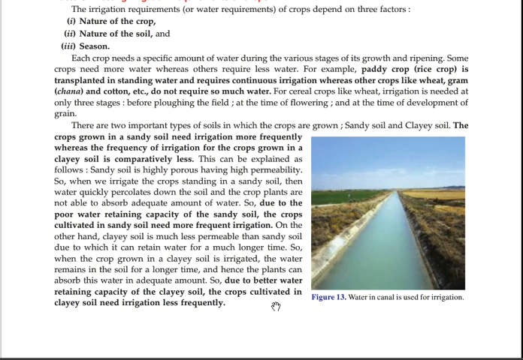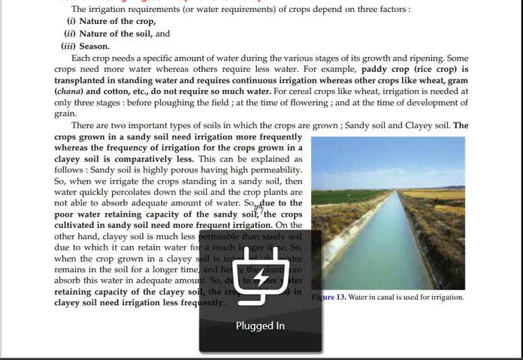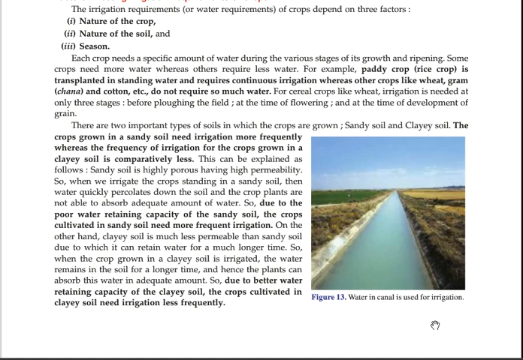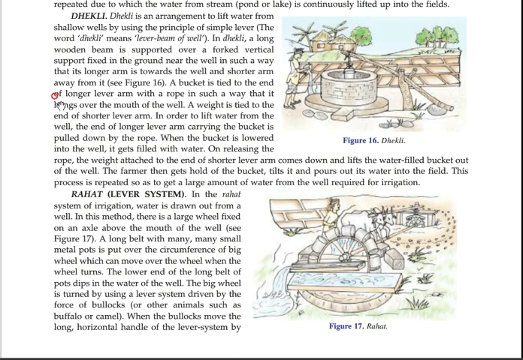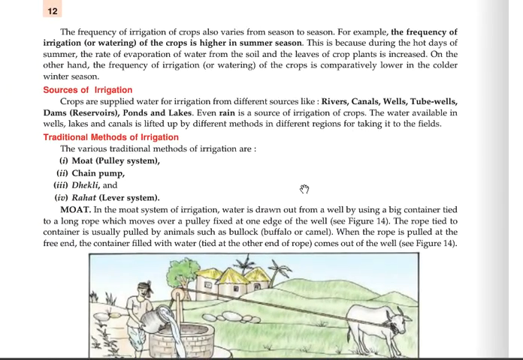The crop cultivated in clay soil needs irrigation less frequently because clay soil has more water carrying capacity in comparison to sandy soil and other types of soil. In summer season, we irrigate the crops frequently because hot air currents blow during the summer season.